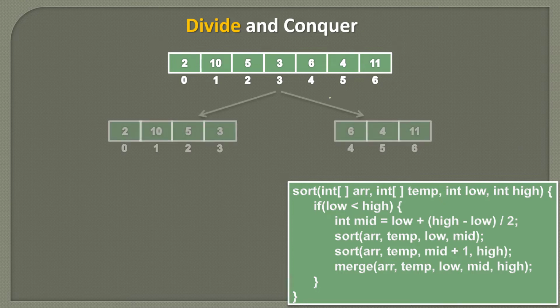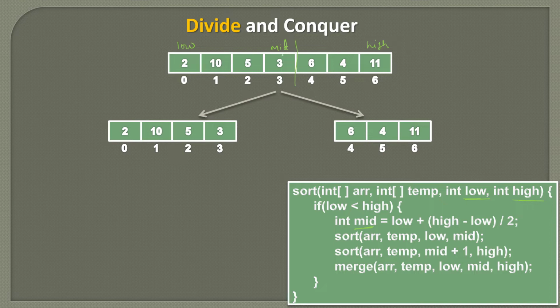When we break the array into two parts, we are not actually breaking the array. Let's say from 0 to 3 it goes like this, and from 4 to 6 it goes like this. We are breaking it based on three pointers, let's say low, high and mid. So usually the array remains the same, and low points here, mid points here and high points here.